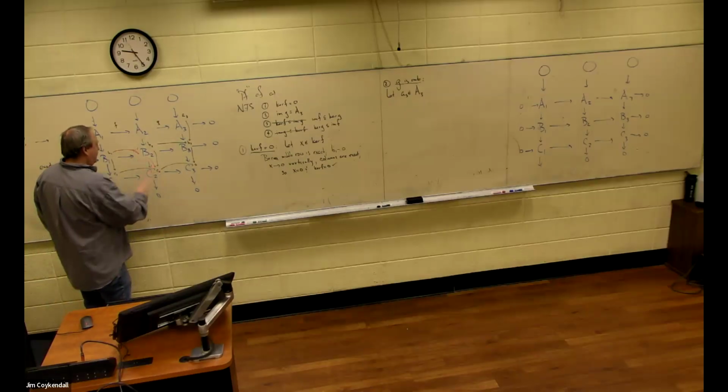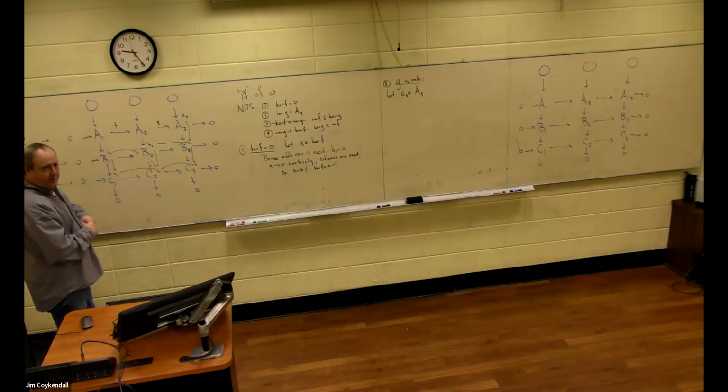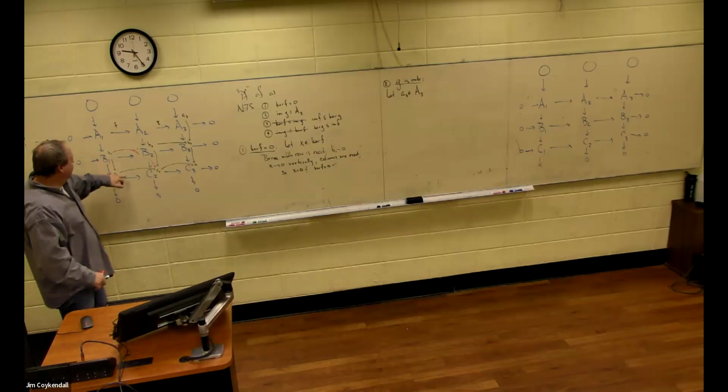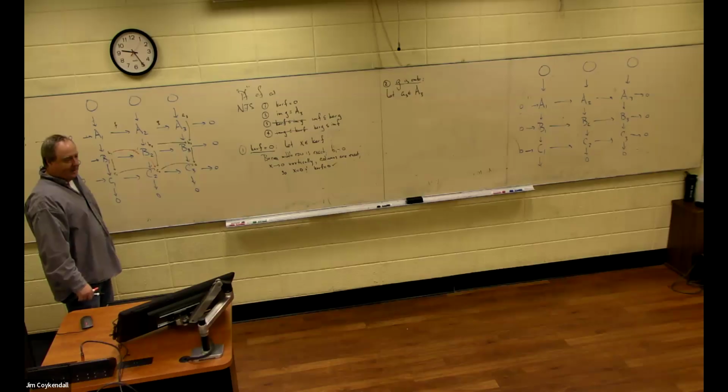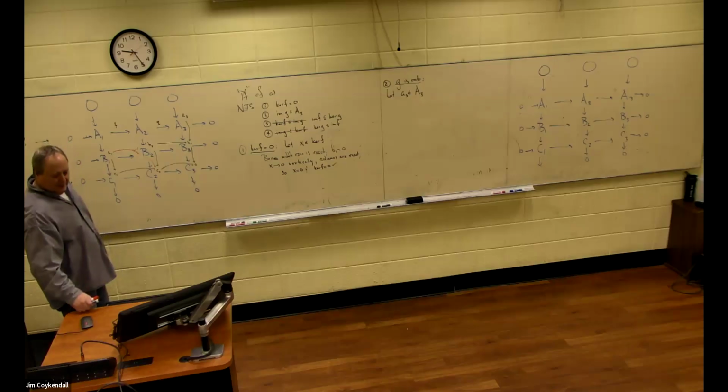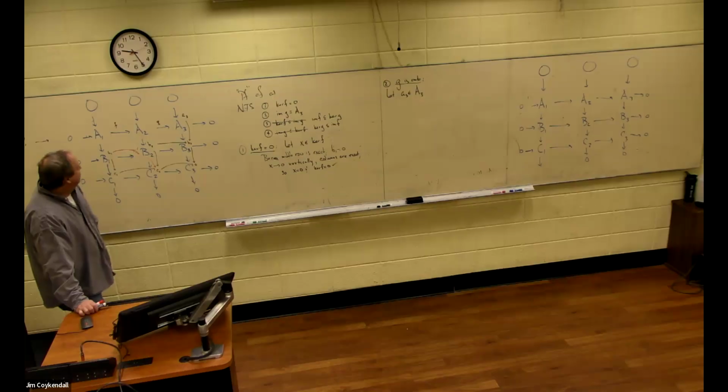Why? The commutativity of the diagram. B1 goes this way to C2, so whatever this goes to, B2 prime, it has to go to C2. Do I agree? Okay. Now what? Sometimes this comes up in diagram chasing quite a bit.